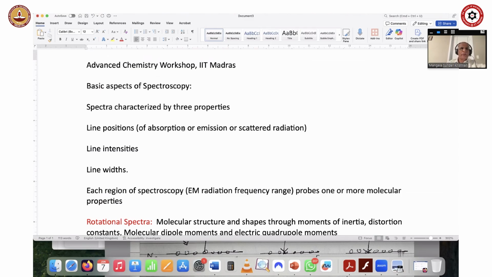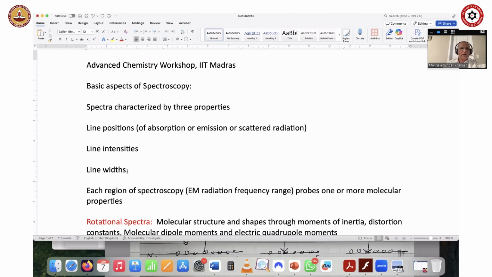Now, line positions are understood by quantum mechanics. If you want to study line intensities, it is both quantum mechanics and statistical mechanics that give information about them. We have to use statistical mechanical theory and also quantum mechanical theory to understand the line intensities.